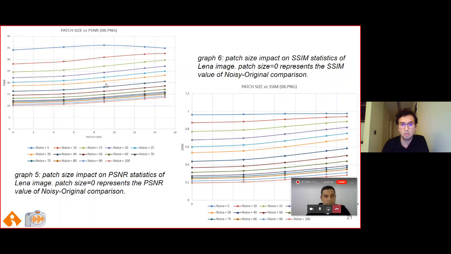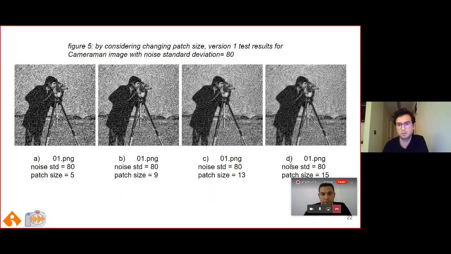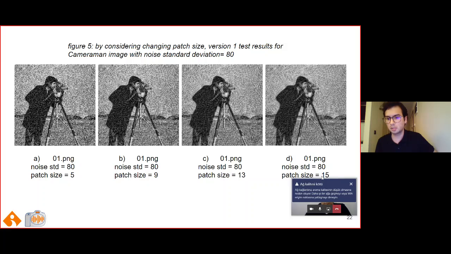If you look at the results of version 1, you can see that we are not getting rid of the noisy parts of the image; we are just using the reconstruction process of LLE. I just want to show the patch size effect here. If you focus on the arm part of the cameraman, you can really see the blurred parts of the image.